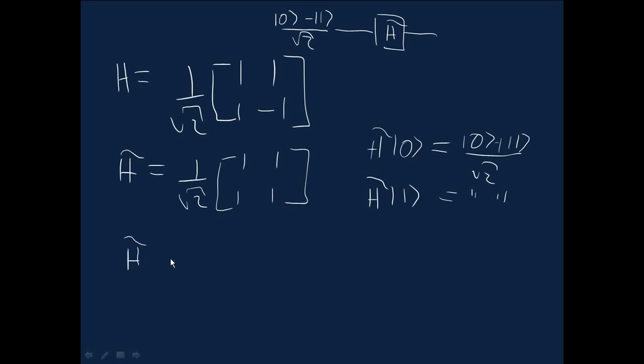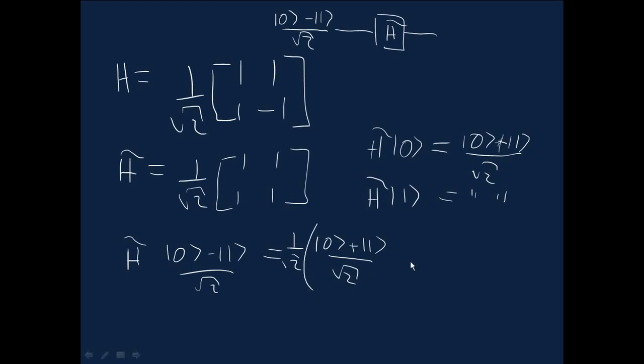So H tilde times (0 minus 1) over root 2. And you see that you get (0 plus 1) over root 2, and there's a 1 over root 2 factor out the front from here that I forgot to write down.